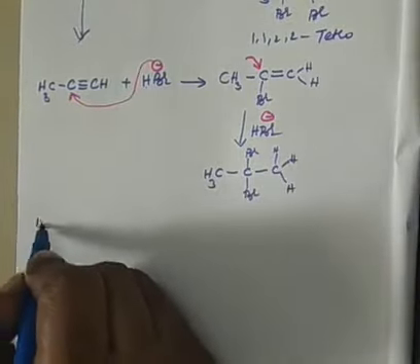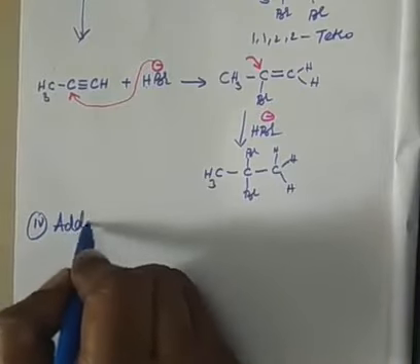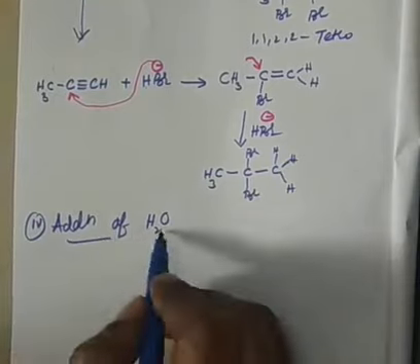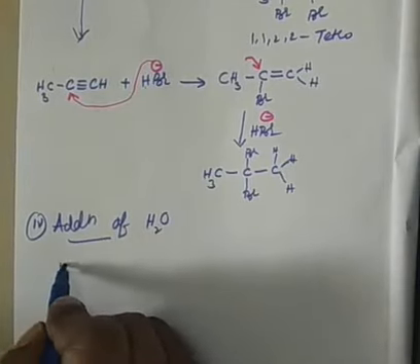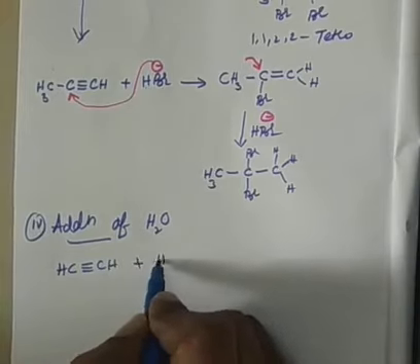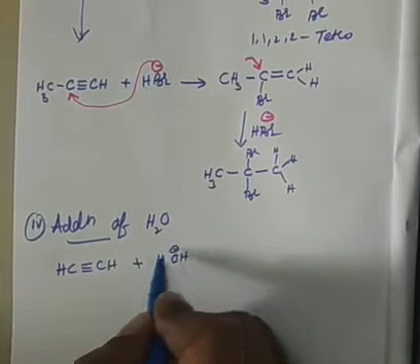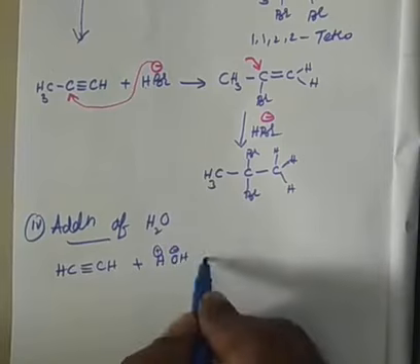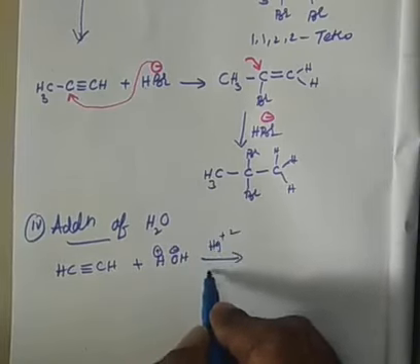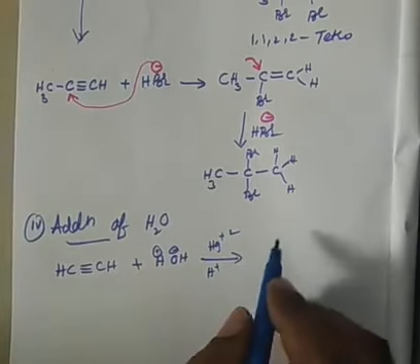Then coming to the addition of water. Water means H2O. So let me write H and OH separately, or else you can also write water. So this one, in the presence of Hg2+ in acid medium with little heating, will produce you.